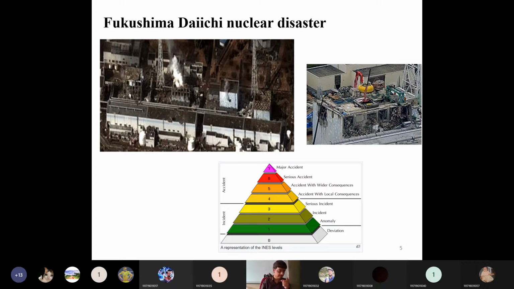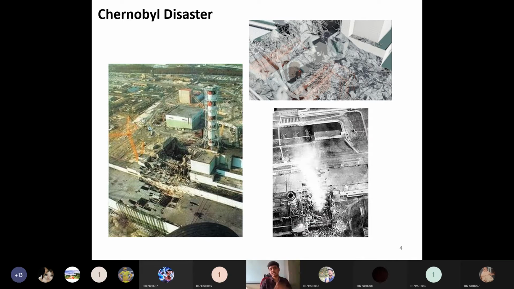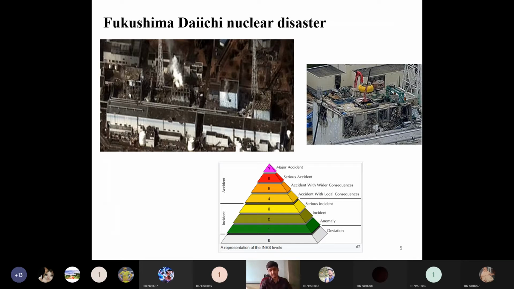The Fukushima Daiichi nuclear disaster, which happened in 2011 in Japan, has been classified as a major accident by the IAEA. After the Chernobyl disaster in 1986, this was the major accident which happened in 2011.